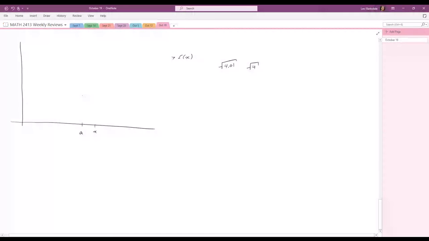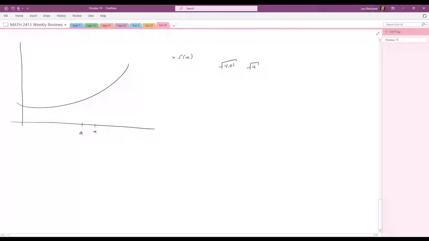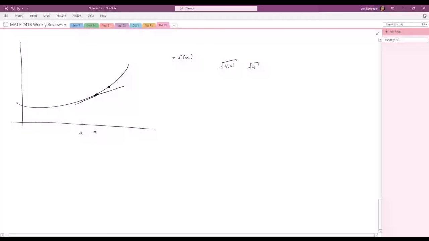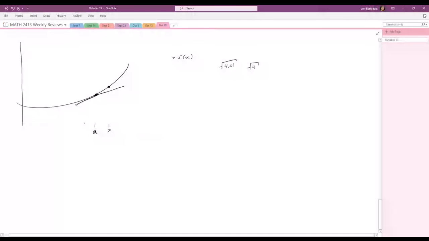Here we go. That's a steeper curve. So you have a tangent line right here, and again, it's only roughly tangent because I'm not good at drawing. This is now point A, and this is point X. Perfect. I am all over the place right now. I'm sorry. There we go. All right, here's our picture.